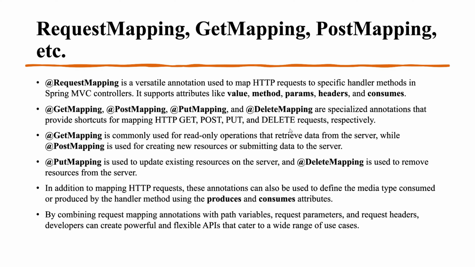Understanding the nuances of the request mapping annotation is essential for designing RESTful APIs that follow best practices, promote code reusability and maintainability, and provide a seamless experience for clients consuming the API.